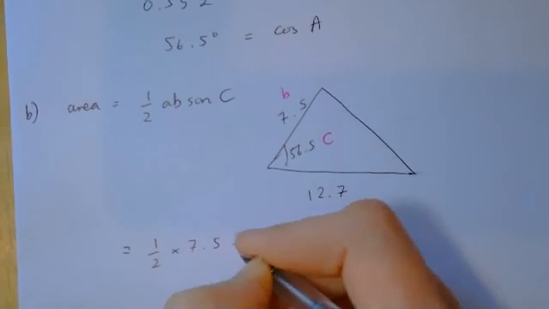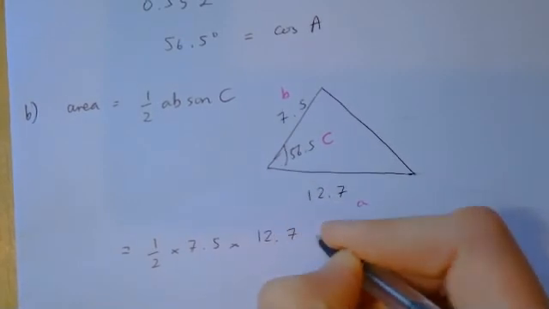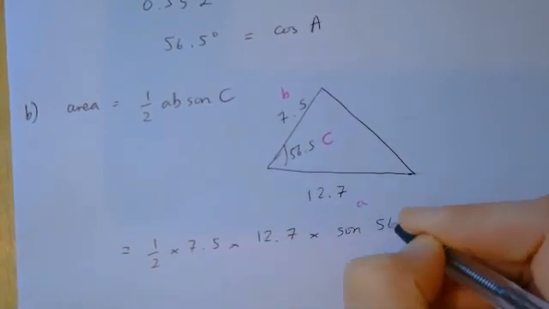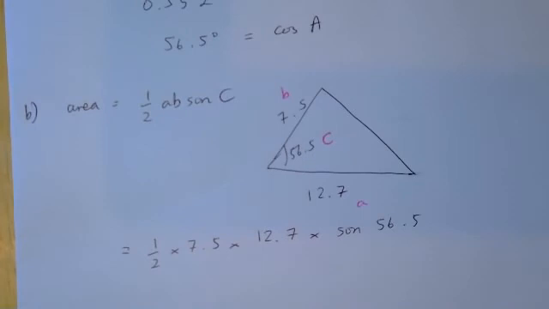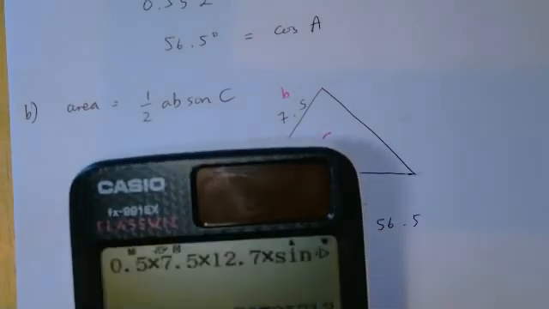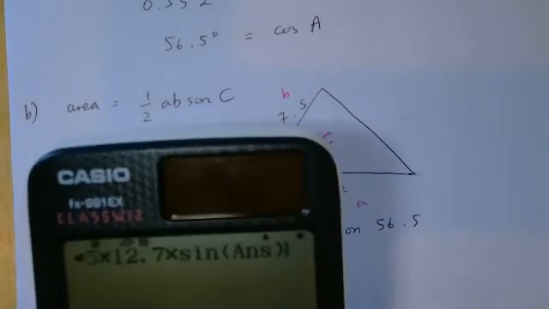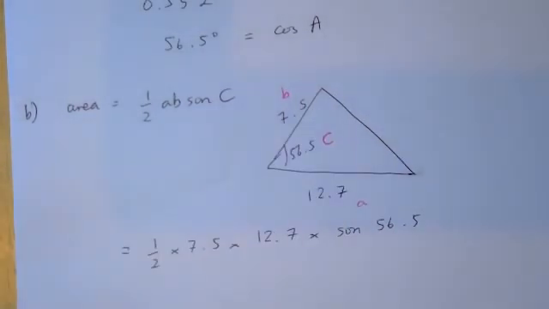Okay, so I get half times 7.5 times 12.7 times sine of 56.5. Again, use your answer function on the calculator. So it looks like that. You can't read it.